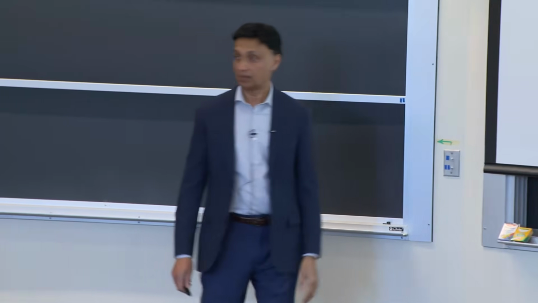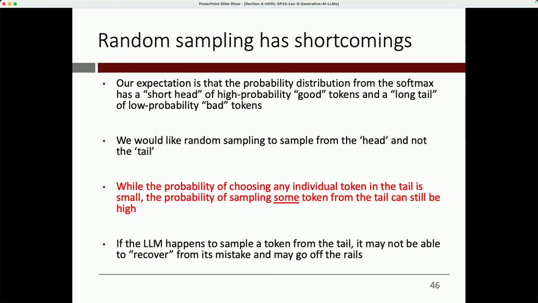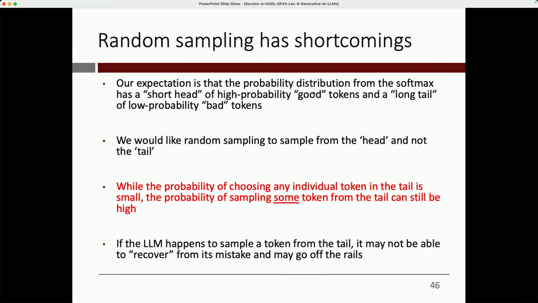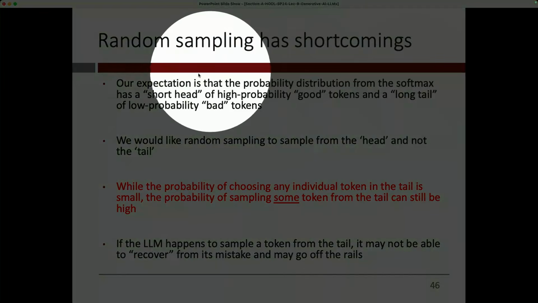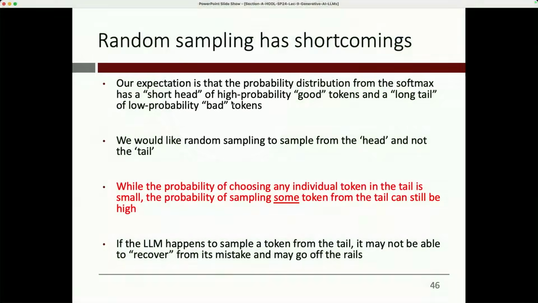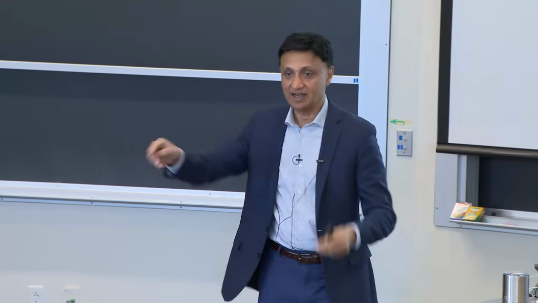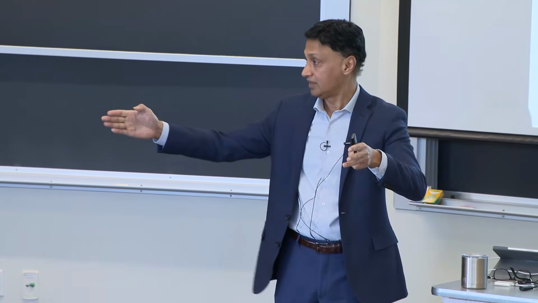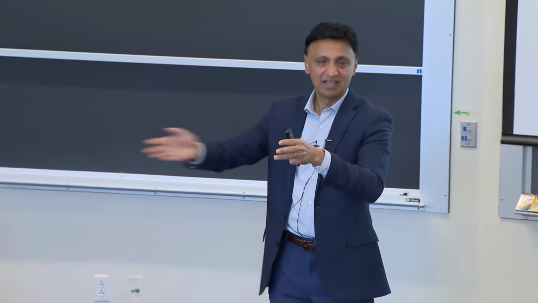All right. So here is the basic thing to remember about random sampling. For any given sentence, there is probably some set of good answers for the next word and a whole bunch of bad answers, intuitively. If you sort them from high to low probability, there is the head of the distribution, the first few words, and then there is all the long tail of irrelevant words.